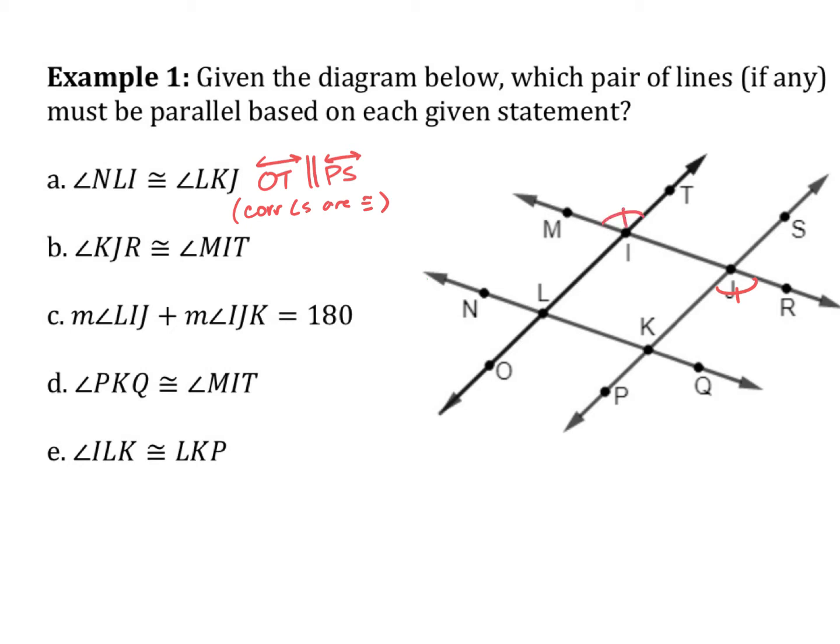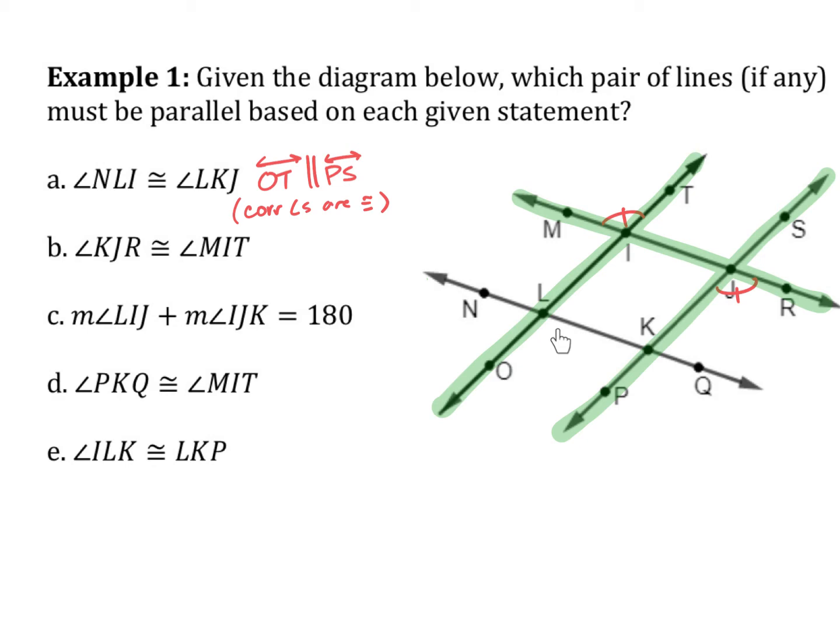And then again, I'm going to trace out the lines that I would use to make those two angles. So it looks like I need these two lines to make angle MIT, and then I need to add that line in to make angle KJR. So I'm going to pretend like this doesn't exist. Maybe take your hand and cover it up on your note sheet if you need to. And then you'll notice that these two angles are alternate exterior angles.